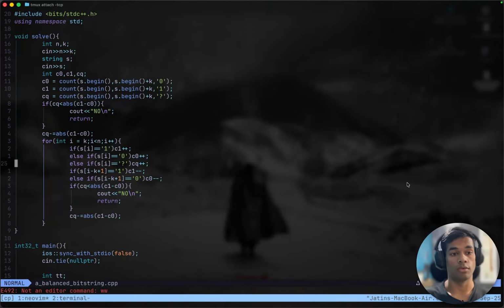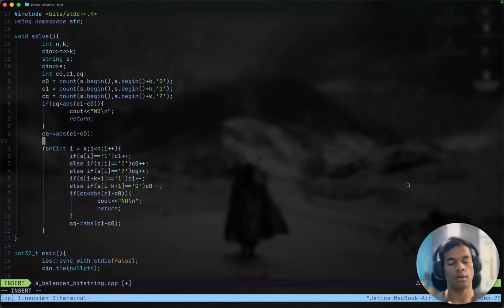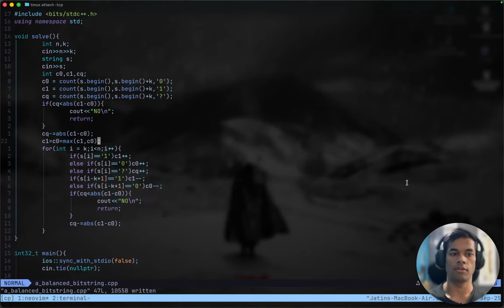And also after this, C1 equals C0 equals maximum of C1, C0, because we are updating them, because we have updated our string. I think that is what is required.